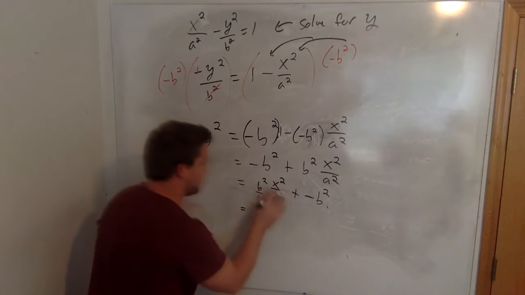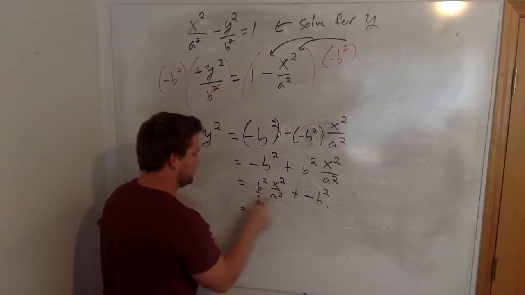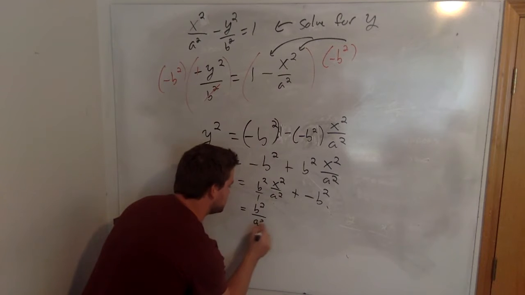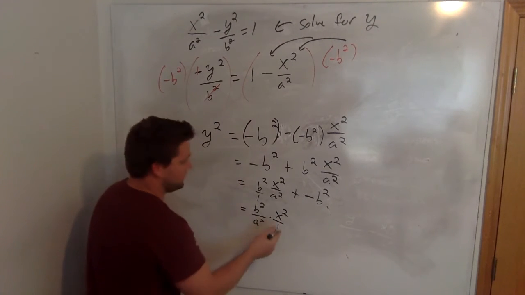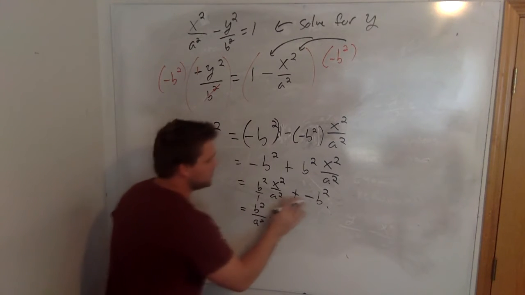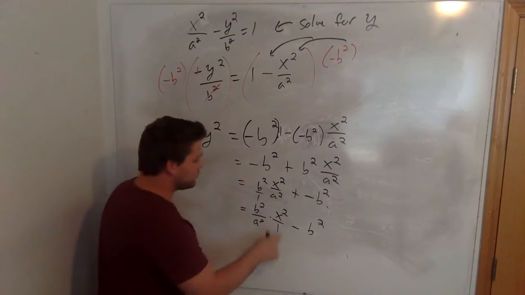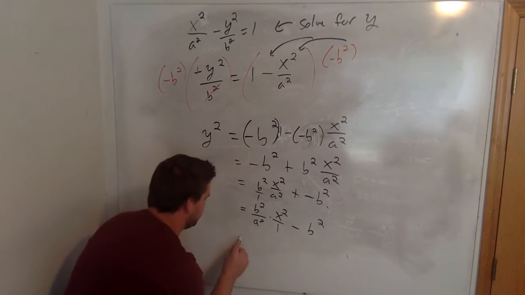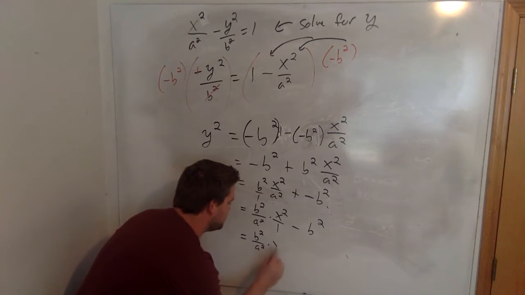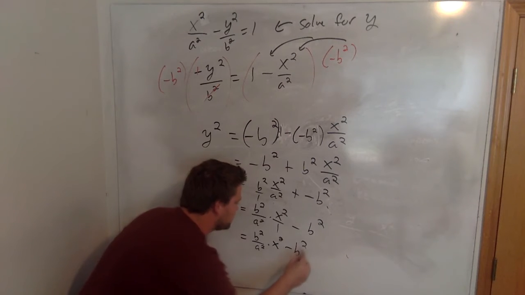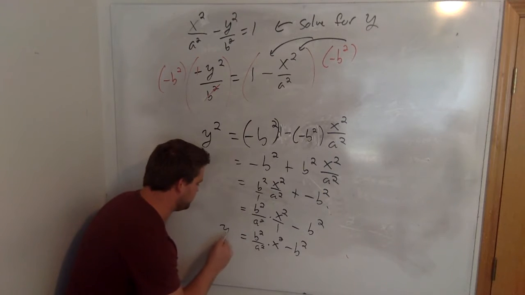Instead of plus negative b squared, we write minus b squared, and x squared over 1 is just x squared. So y squared is equal to b squared over a squared times x squared minus b squared.